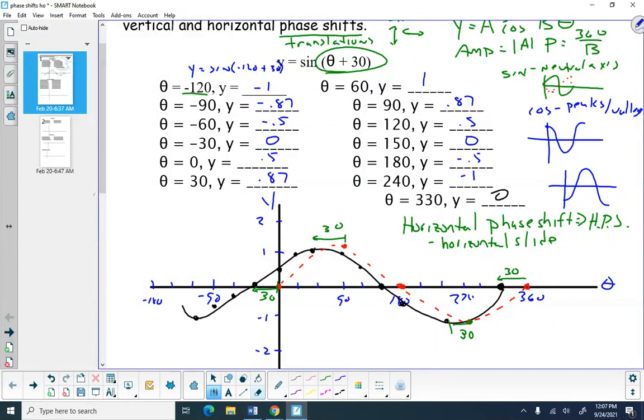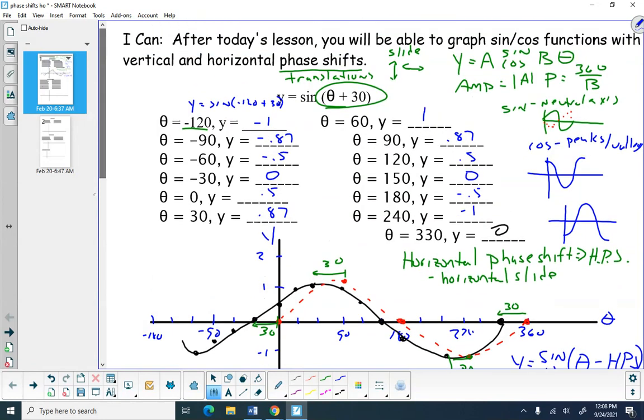We can alter our equation to y equals, and it does not matter if it's sine or cosine, theta minus this horizontal phase shift. Whatever is being subtracted from theta is the value that we're going to have as a horizontal phase shift. Well, you might look and say, well, Mr. Gregory, this is theta plus 30. I'm not subtracting anything. Yes, we are subtracting something.